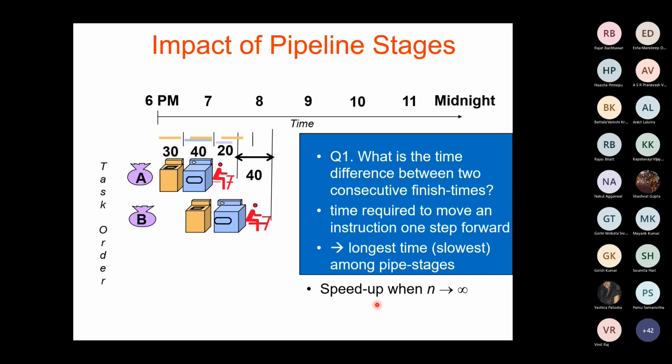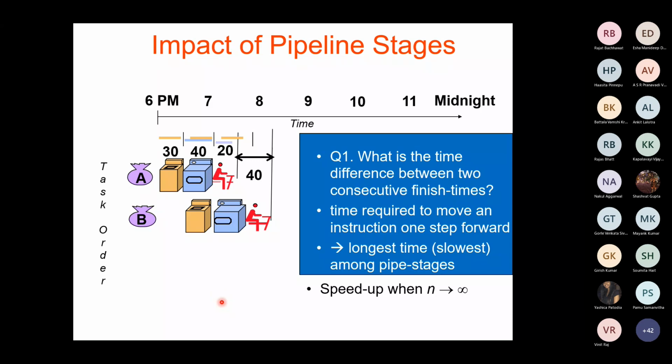And what will be the speed up when this number of users approaches infinity? We have three stages here. At most, three stages can be used in parallel. So therefore, you cannot have more speed up.